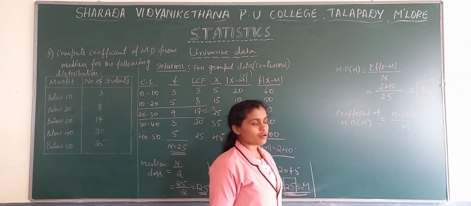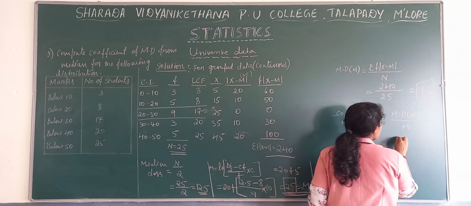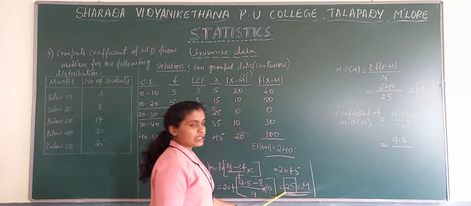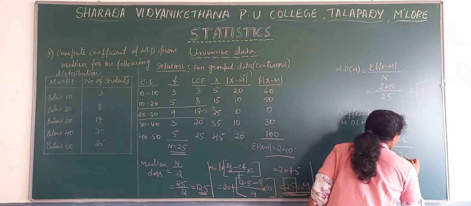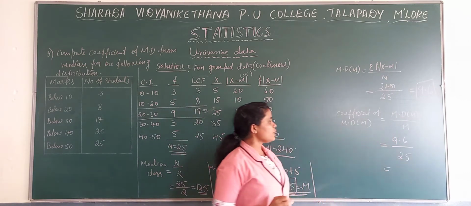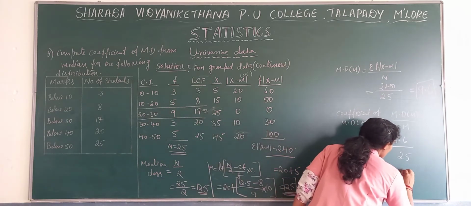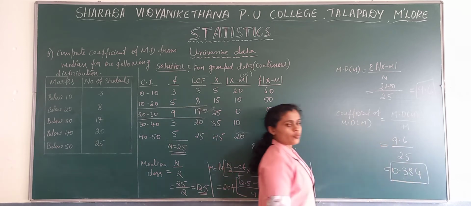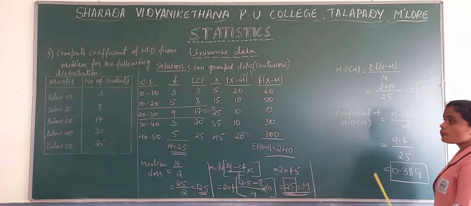Then find the coefficient. The coefficient of mean deviation from median is 9.6 divided by the median, 25. So 9.6 by 25, we get 0.384. This is the coefficient of mean deviation from median.